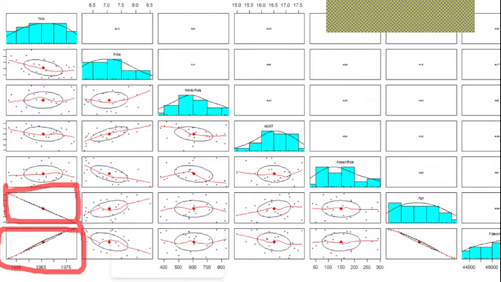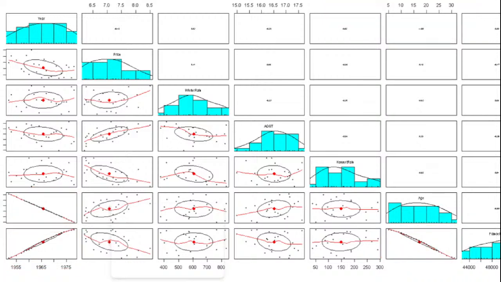Age. And trans population has a positive correlation. And that is why, of course, among them we have a negative correlation, right? So that is what this chart can really help you get a glimpse of. In a single chart I can easily see which of them has what type of correlation.